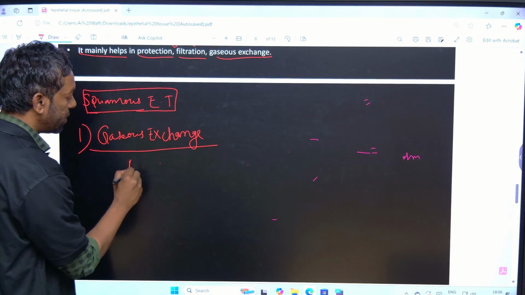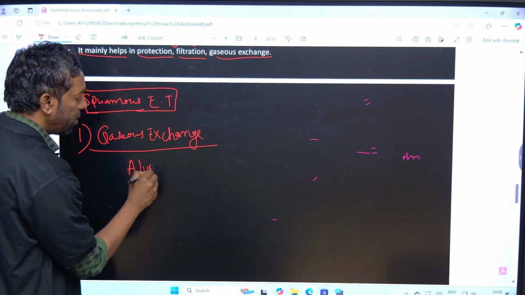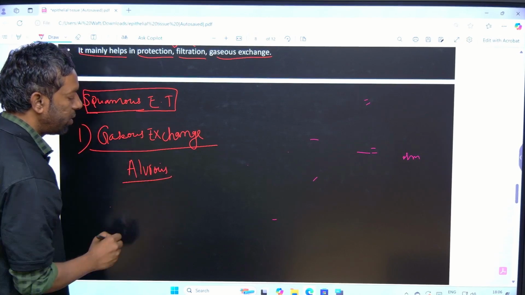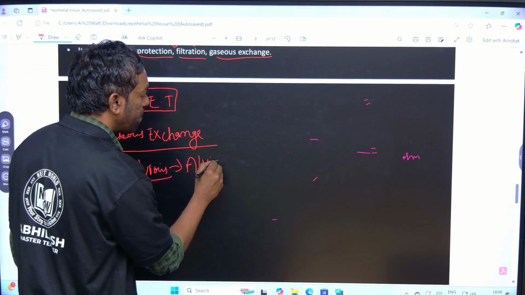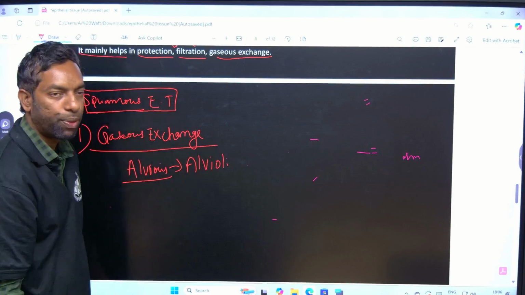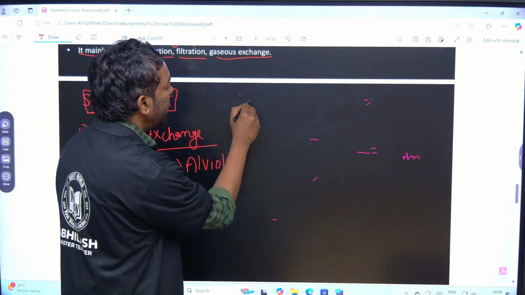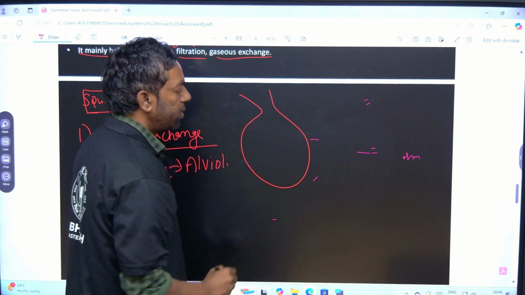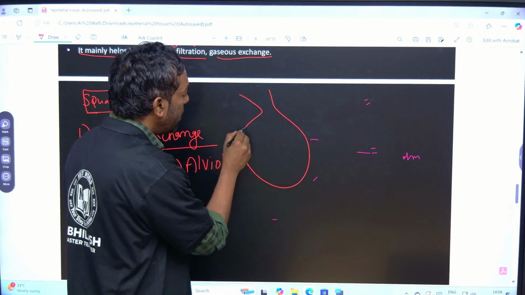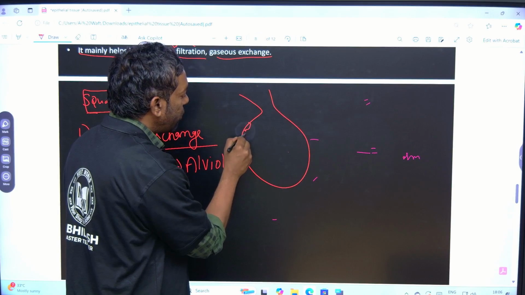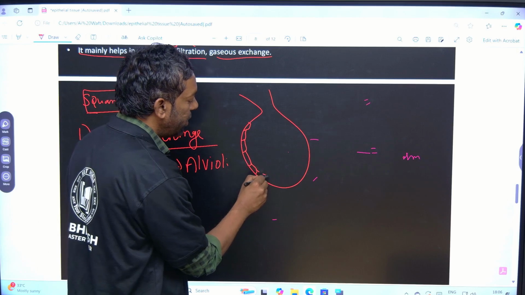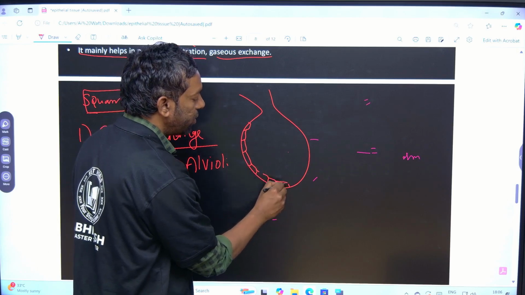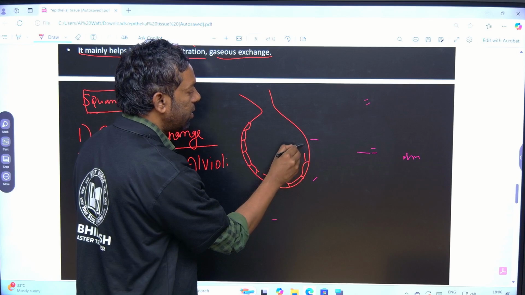In the alveoli. This is the alveoli sac. There is squamous epithelial tissue, a squash-like structure.